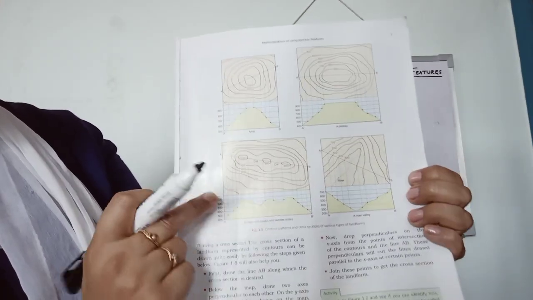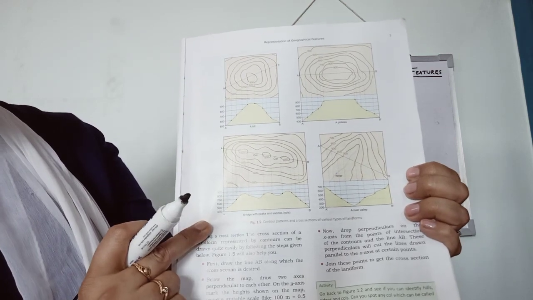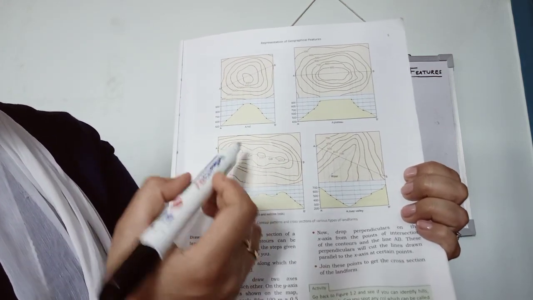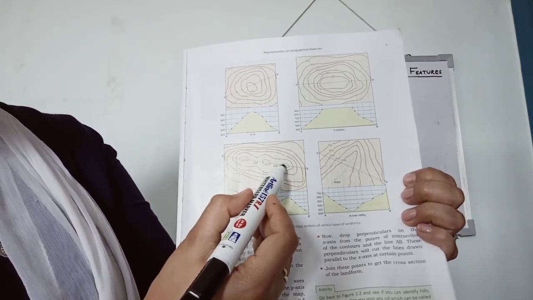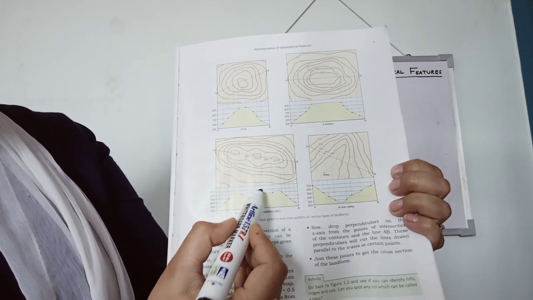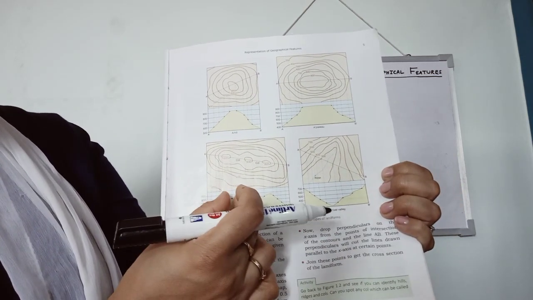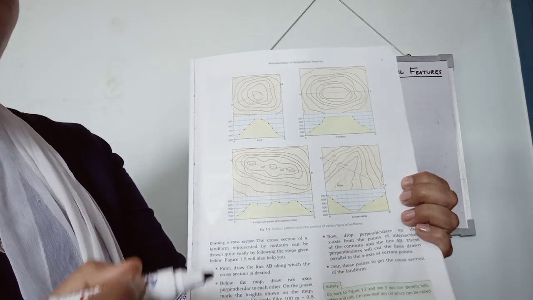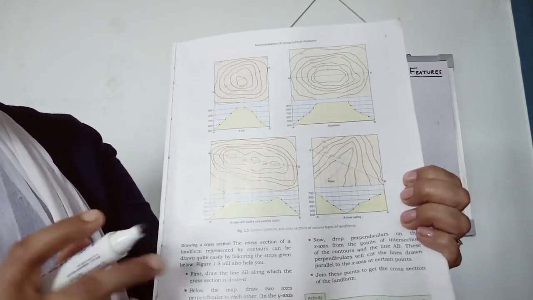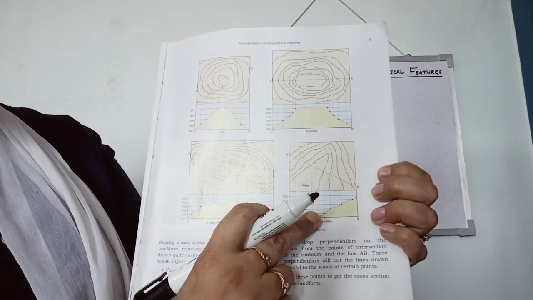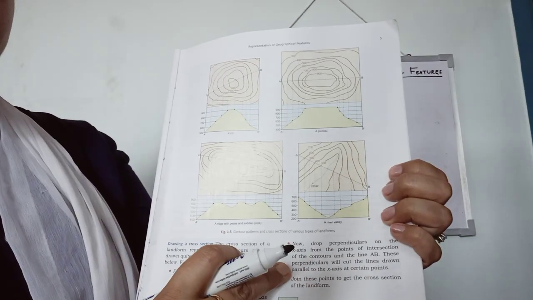Here this is forming a ridge, col and also saddle. Here these are the ridges you can see, and the gaps here, these are the gaps which form col, saddle and passes. Another very important one is the river valley.